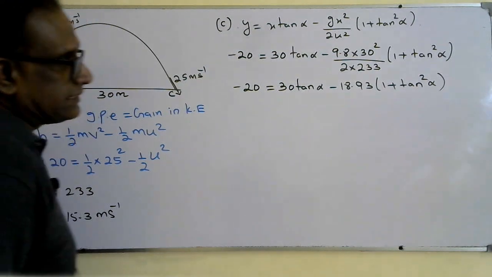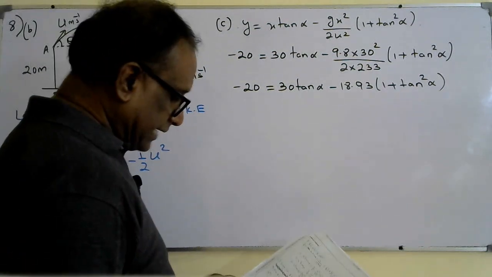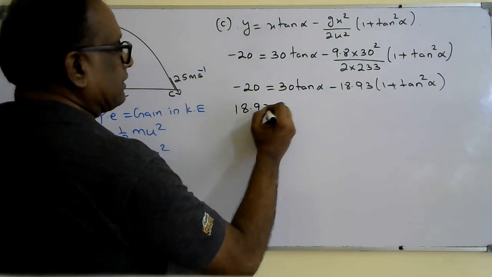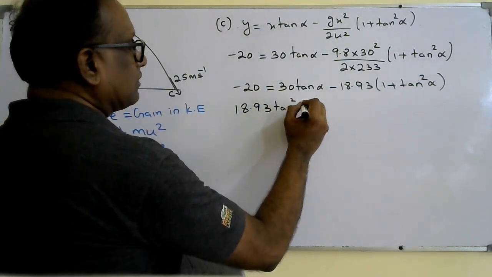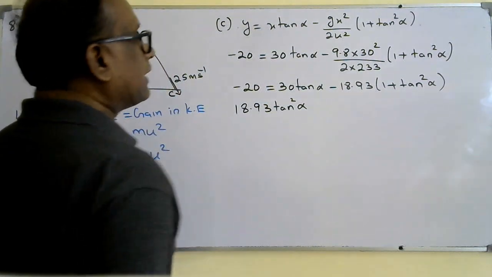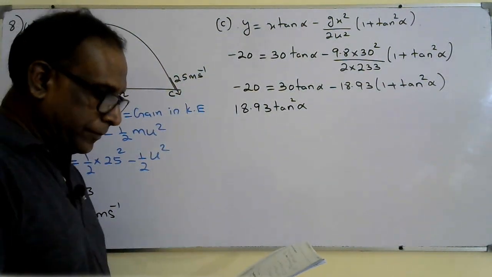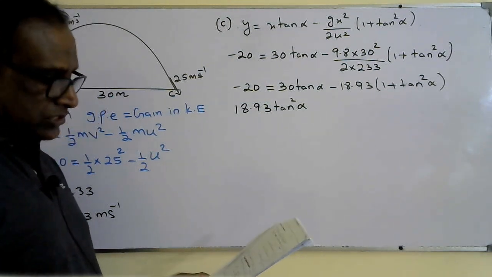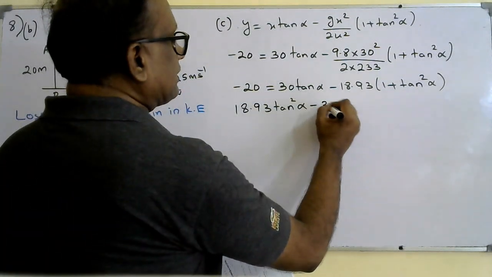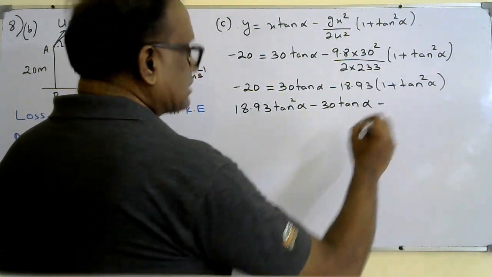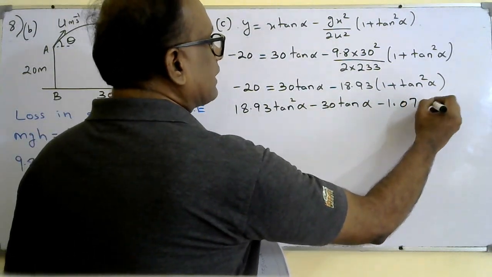Okay, rearrange it. It's a quadratic equation in tan alpha. When you multiply inside, you get 18.93, but you bring it to the left so that it becomes positive: 18.93 tan squared alpha minus 30 tan alpha minus 1.07 equal to 0.